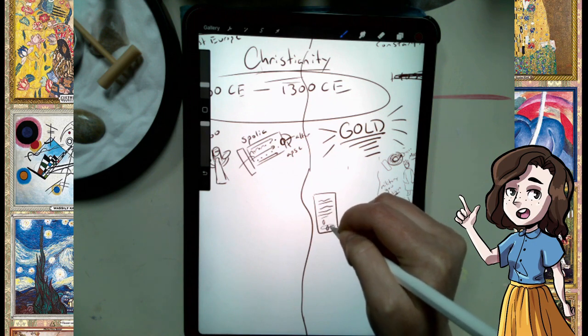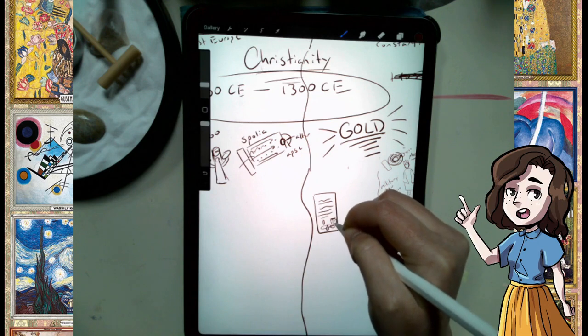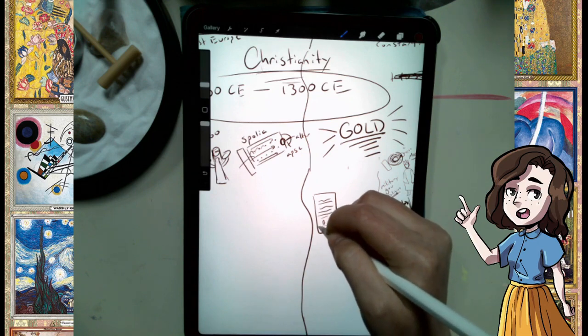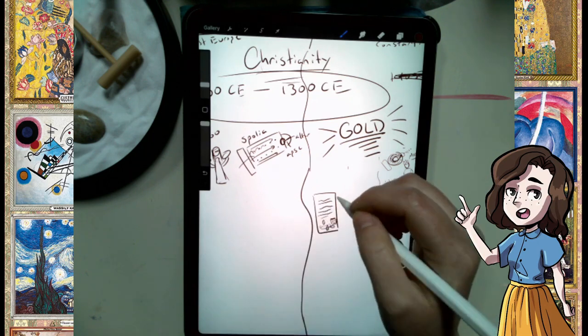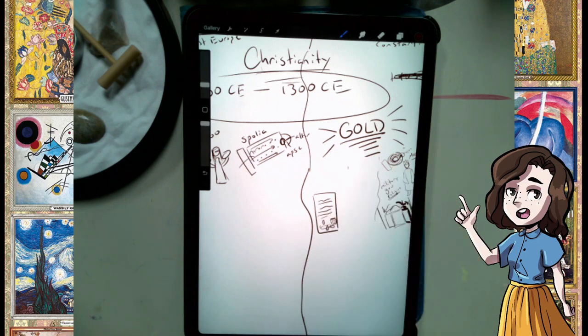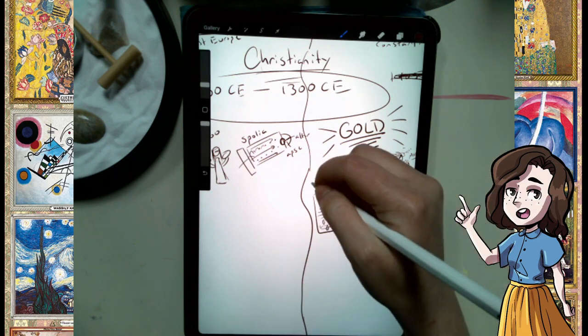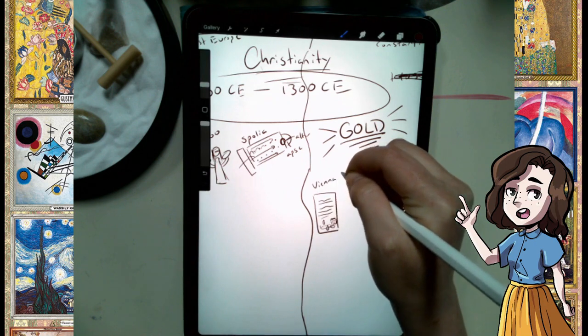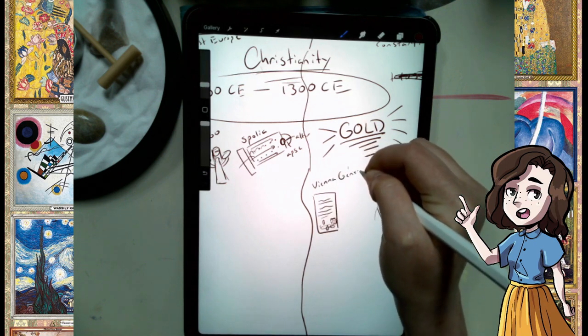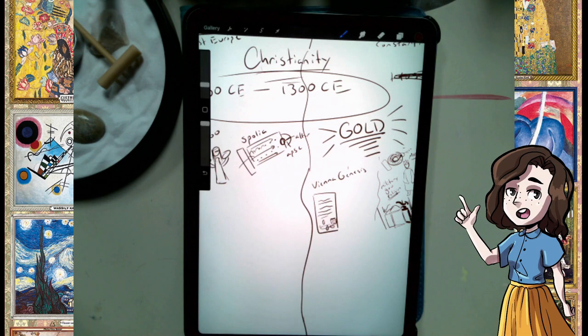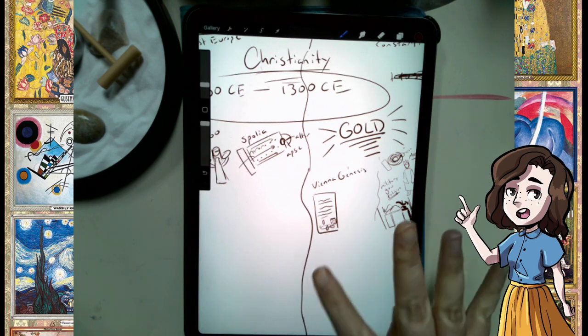It's more image focused, less text, and we see kind of the start of it in Byzantine again, both of them developing at the same time with our Vienna Genesis. That's the book. And then the picture we have for the Byzantine one here is Rebecca and Eliezer at the well and Jacob wrestling the angel. So two pages.